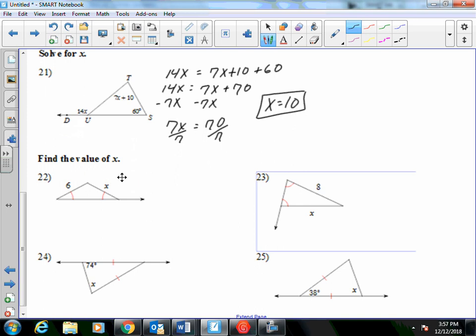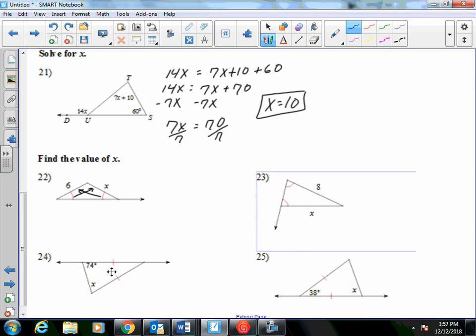All right, 22 through 25, just find the value of x. So when I look at this first one, we got 6 and x. We notice the two angles down here, those would be base angles being congruent. And the rule we learn is that if you have two congruent angles, then the sides opposite those angles are congruent as well.